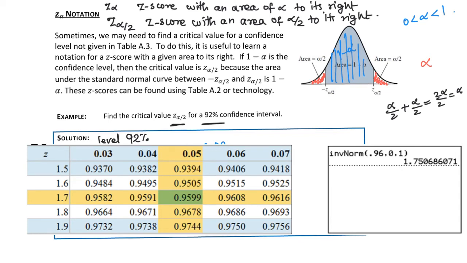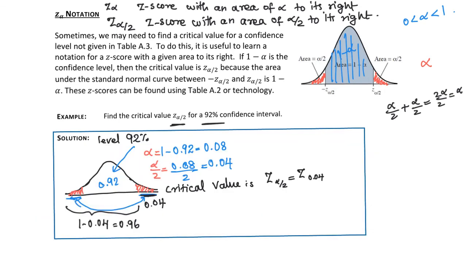Or if you are using the calculator, use inverse norm, INV norm, with the area 0.96, mean and standard deviation 0 and 1. You will get the same value if you round it to 2 decimal places. So we can write the z-score is equal to 1.75. Now you have learned how to find the critical value for a 92% confidence interval. So z alpha over 2, that is z 0.04, is equal to 1.75.